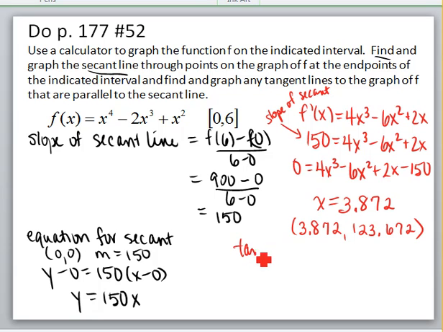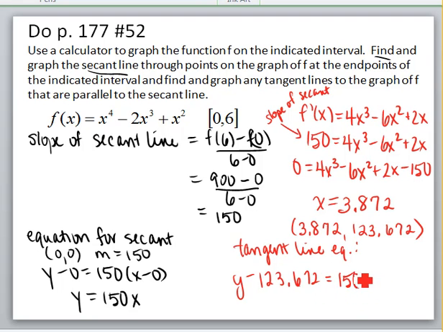So that means the tangent line equation would read y minus 123.672 equals 150 times x minus 3.872. And I've accomplished my goal. I found the equation for the secant line and I found the equation for the tangent line.